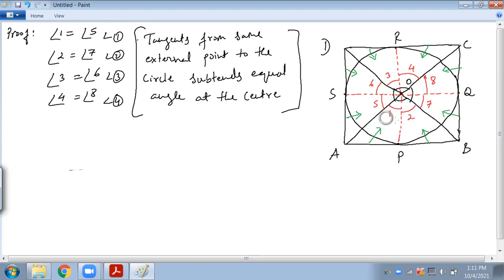So angle 1 plus angle 2 plus angle 3 plus angle 4 plus angle 5 plus angle 6 plus angle 7 plus angle 8 equal to 360 degrees.